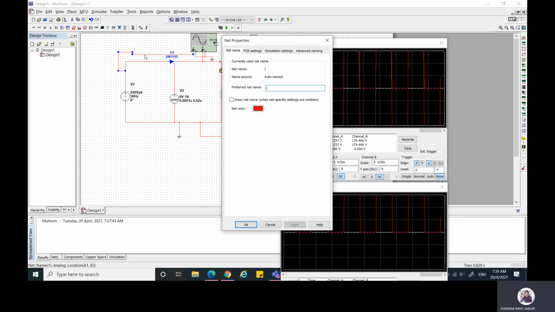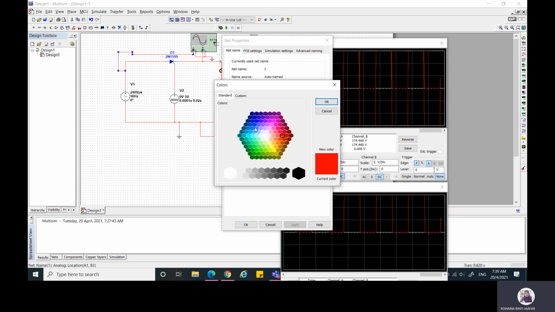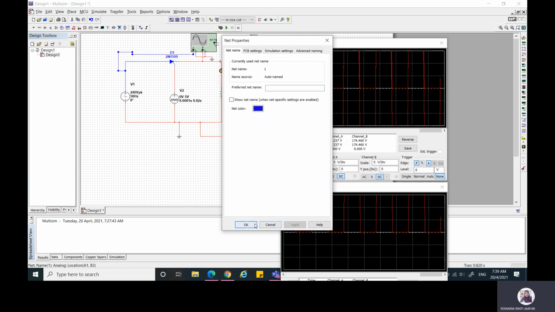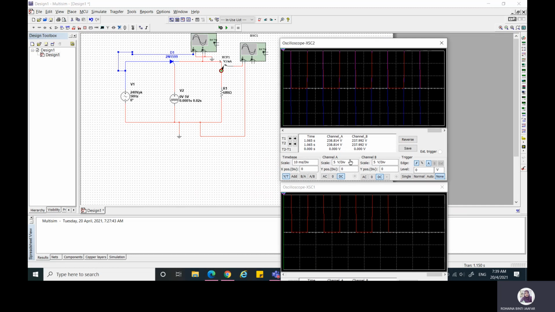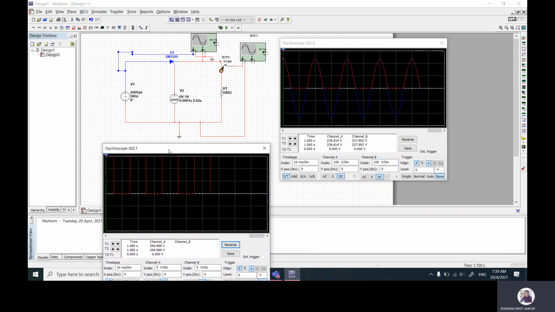Okay, to see the difference from input and output, you can change your probe color. Okay, so adjust your scale. Okay, and then next for current, also adjust your scale.